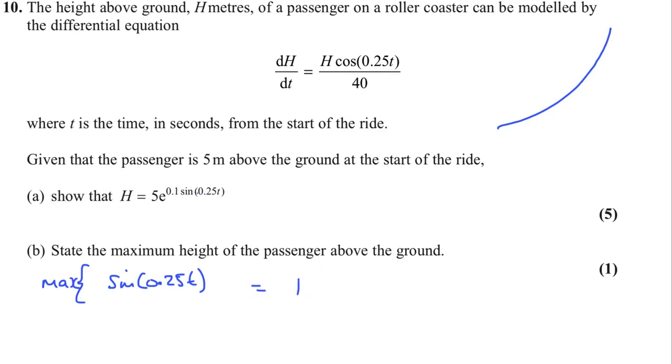So the biggest height that we can get will be 5 times e to the 0.1 times 1, which is just going to be 5 e to the 0.1. So 5 times e to the 0.1 is 5.53 metres.